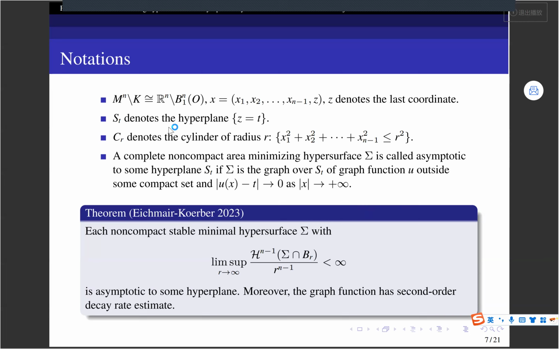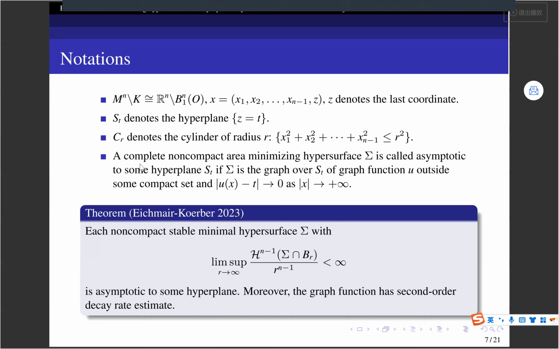Then we use S_T to denote the hyperplane Z equal T. So that is a hyperplane in the AF manifold in the horizontal direction. And we use C_R to denote a cylinder of radius R. This cylinder is a vertical cylinder and has radius R, which is perpendicular to the hyperplane S_T.